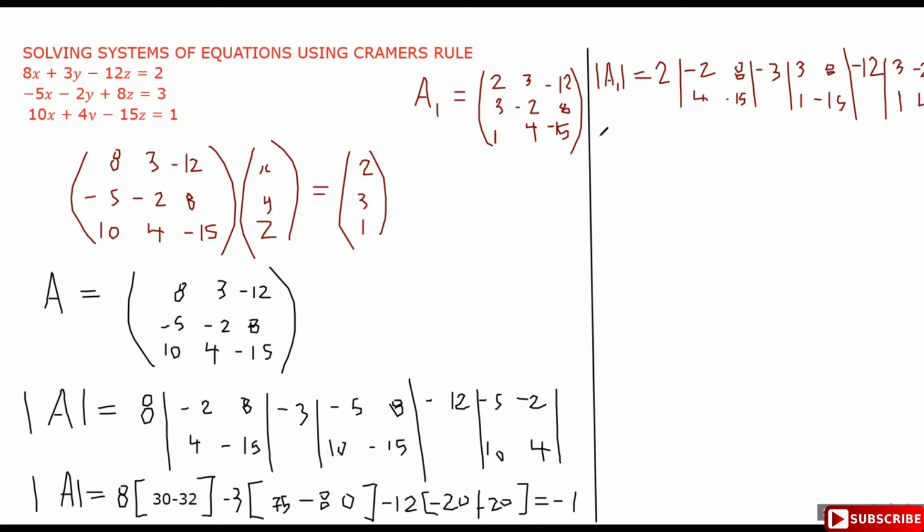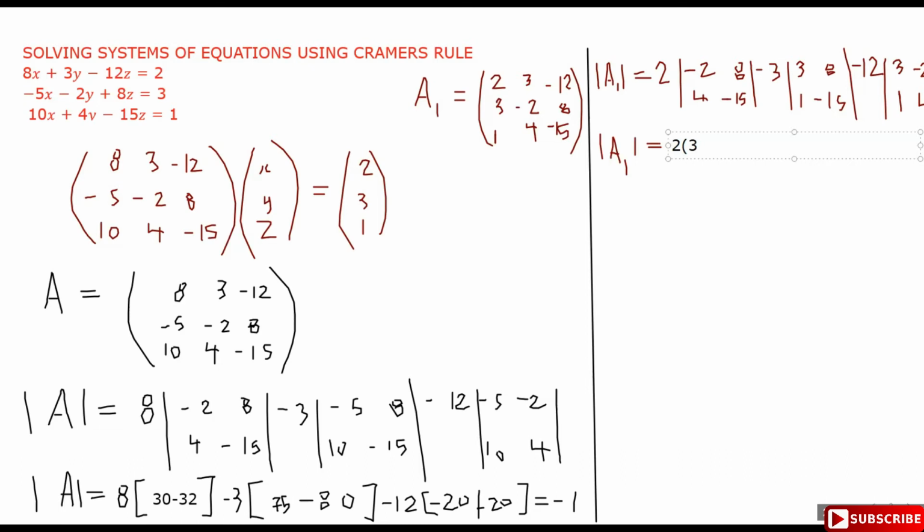So what we're going to get now is that the determinant of A1, this is what we need to know to find the determinant of A1, is going to be 2 times, let's simplify this now, minus 2 times minus 15 is 30.